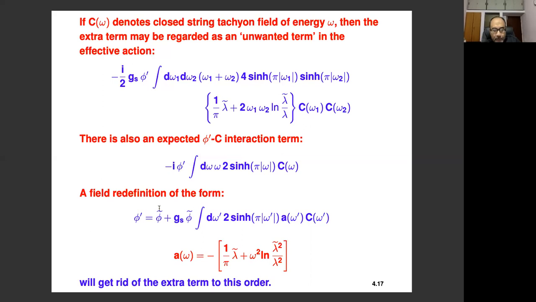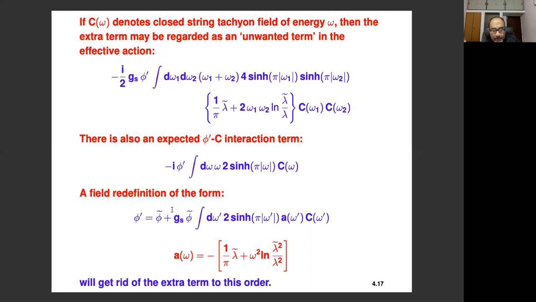So now if we postulate a relationship of this form, that phi prime, the leading term is phi tilde, but then there is a subleading correction in the phi prime phi tilde relation, which is of this kind. And if you substitute here, then this extra term gives you 2 factors of C with a phi tilde. On the other hand, if you make the substitution here of phi prime as phi tilde, these 2 terms exactly cancel.